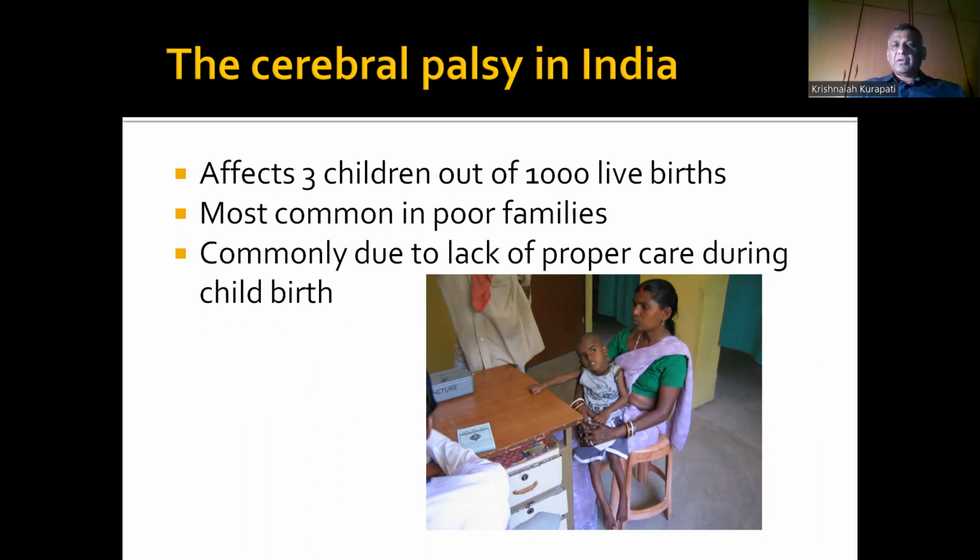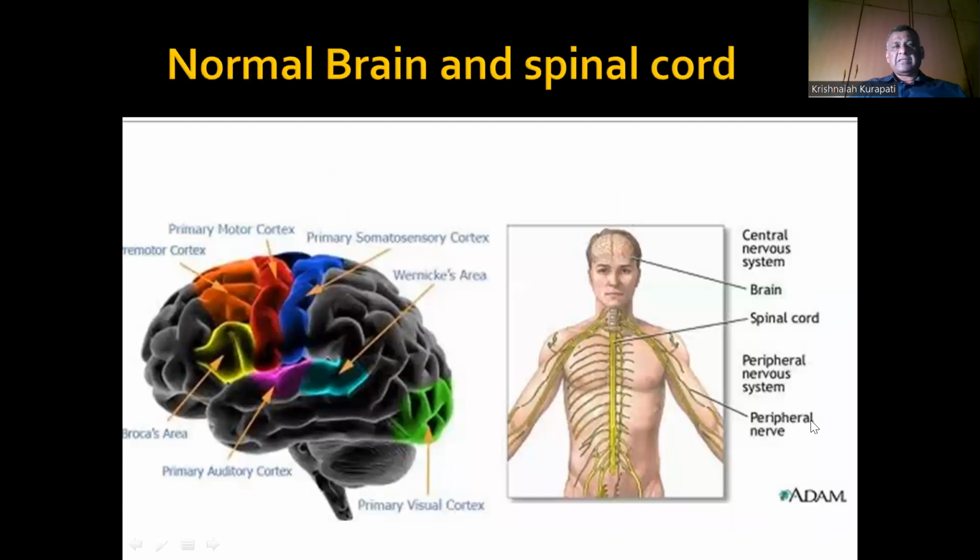It is commonly due to lack of proper care during childbirth, resulting in loss of blood supply to the child's brain and damage to that part of the brain. Many times you see a typical child like this. You need to understand how the normal brain and spinal cord function before we go into what happens in cerebral palsy.